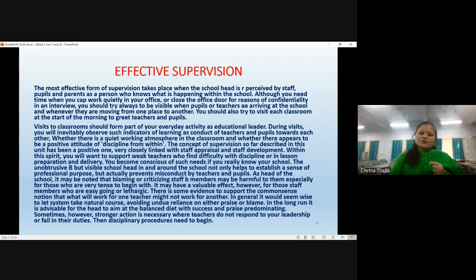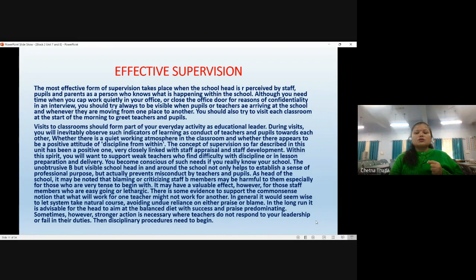You should visit your classrooms when you are observing your teachers. That might be an indicator that you are looking at the conduct of the teachers and pupils, and towards each other also.